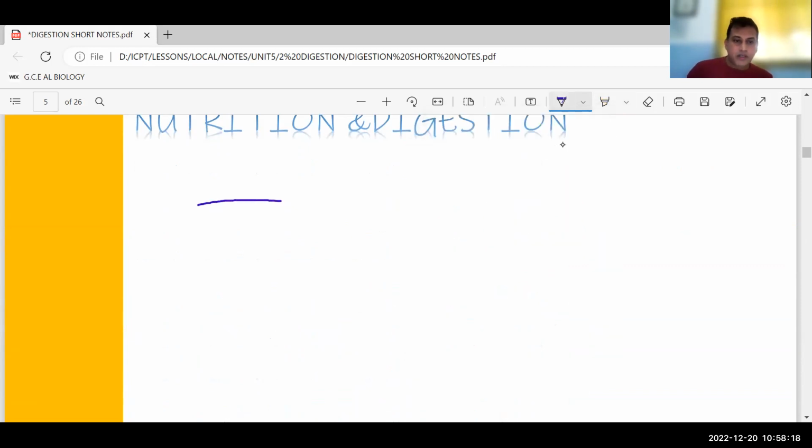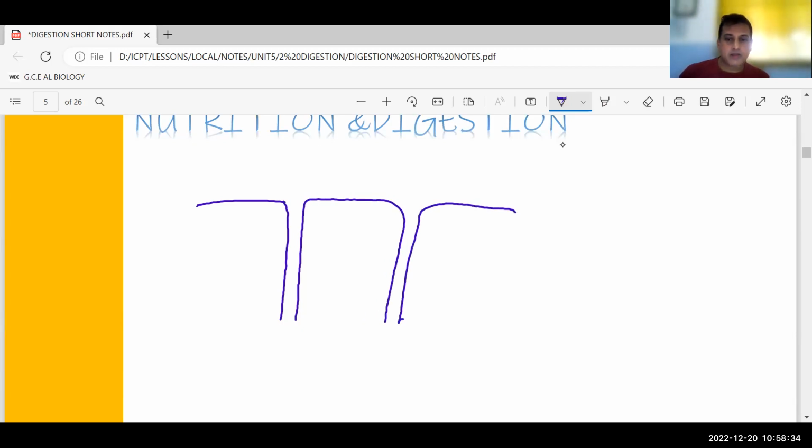So we can find a deep tunnel like this. The surface makes this kind of a deep passage inside the stomach.